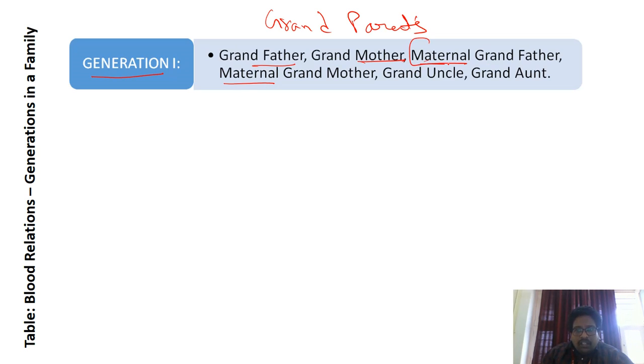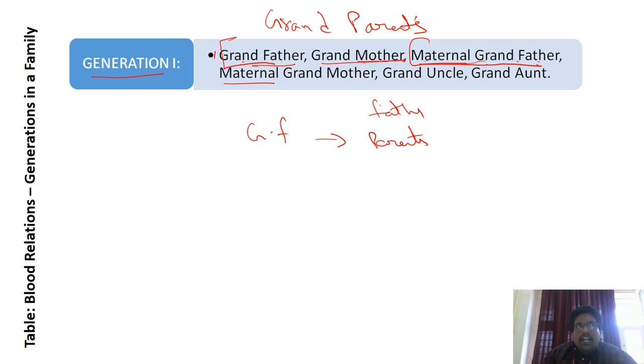Because maternal is already mentioned here, they are not bothered to mention the paternal term. It's not required, so I can by default take it as father's father. Getting my point? Grandfather means our parents' father. It can be father's father or mother's father. Maternal grandfather, because they have mentioned it, means mother's father. In this case, only grandfather means father's father.